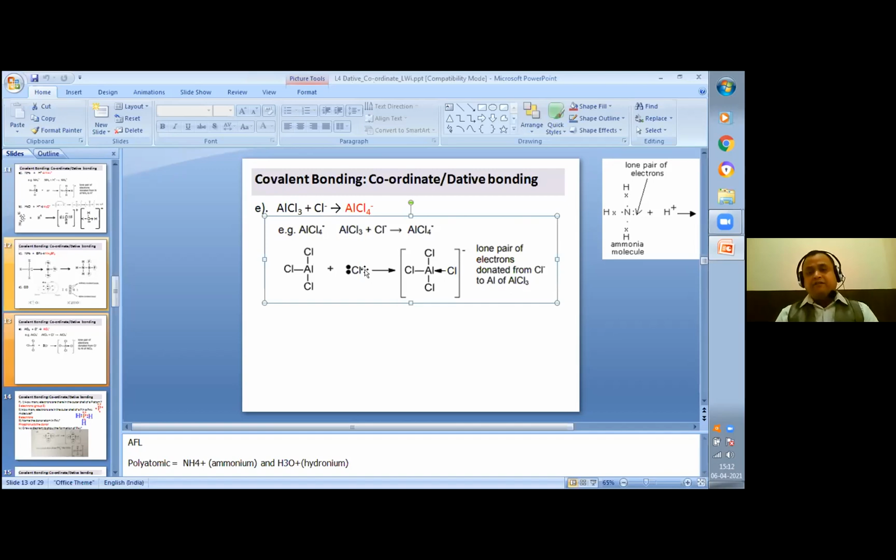And here there is an arrow pointing towards Al. Why? Because it will form a coordinate covalent bond, where Al is donor and Cl is acceptor, right? Yes or no, everybody?